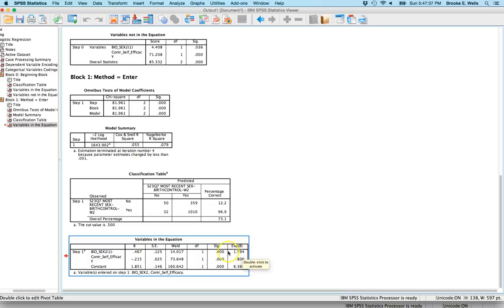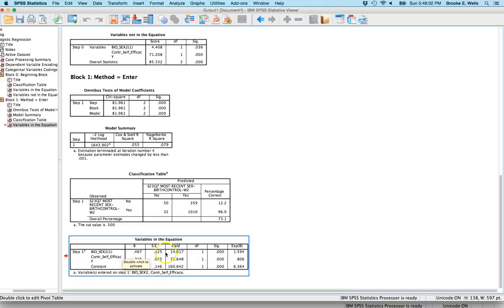What we're seeing here is an exponentiated beta that is greater than 1. You'll see over here this value is a positive value, and this value is greater than 1. This value for contraceptive self-efficacy is a negative value, and this exponentiated beta is less than 1. So you'll see that correspondence there between what those values are.